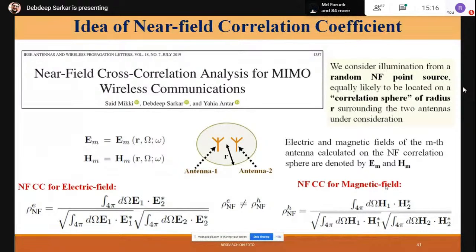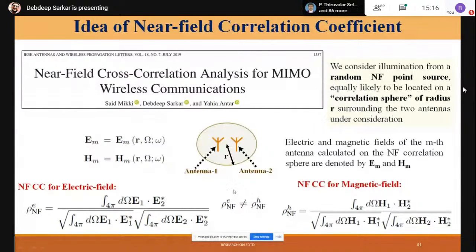And here another point comes. If you read any communication book, they simply call it the correlation coefficient. But correlation coefficient between what? We assume that when we are in the far field, the electric and magnetic field components radiated from the antenna have a kind of proportionate relation. What is actually challenging in the near field is that the electric field and magnetic field components are not simply related like that.